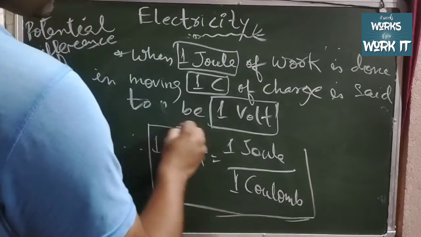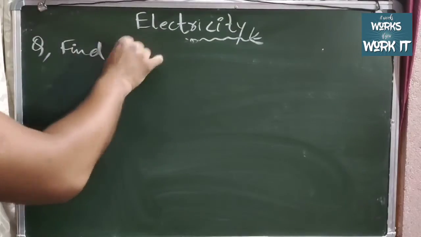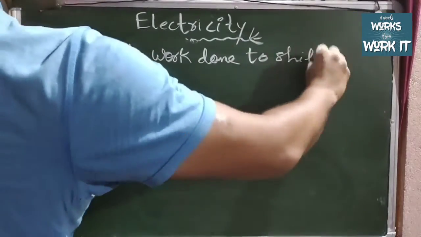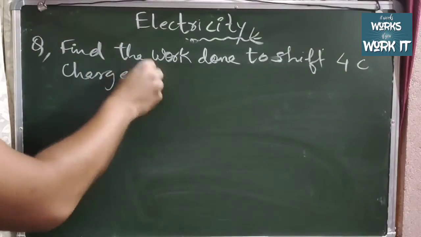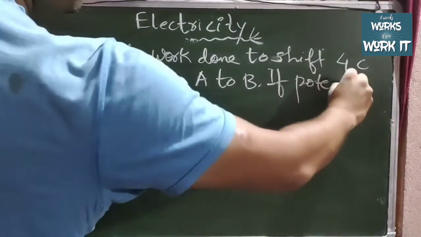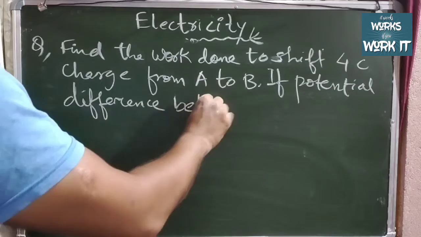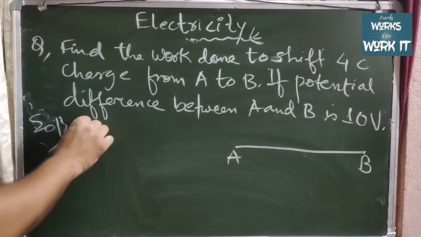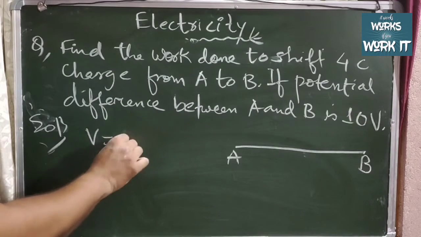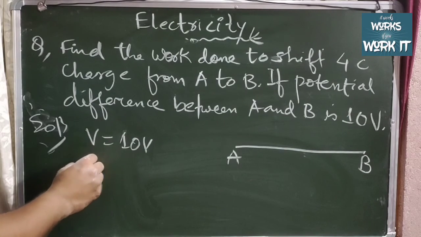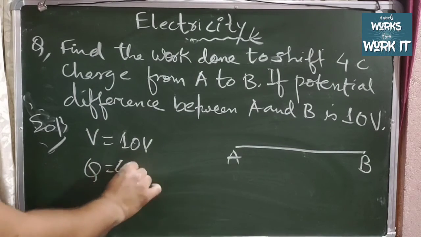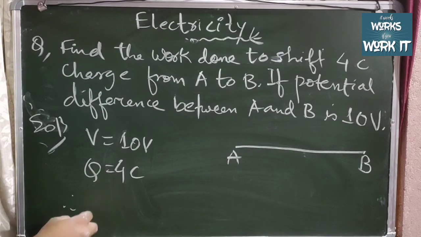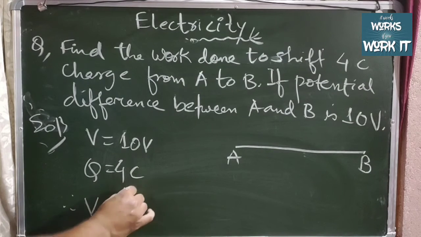Okay. So from this formula we can solve one question: find the work done to shift 4 coulomb of charge from A to B if the potential difference between A and B is 10 volt. The solution: first we write the given part, V equal to 10 V, and Q is 4 C. V means potential difference, Q is electric charge.